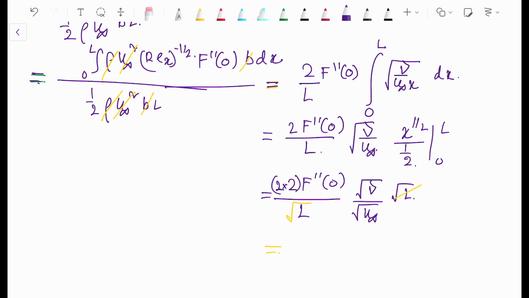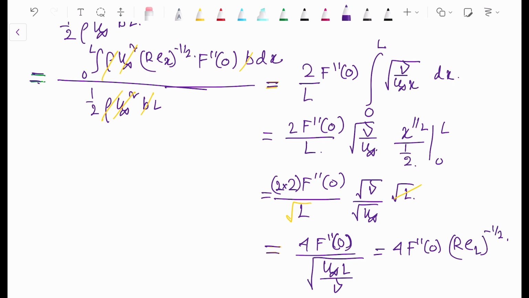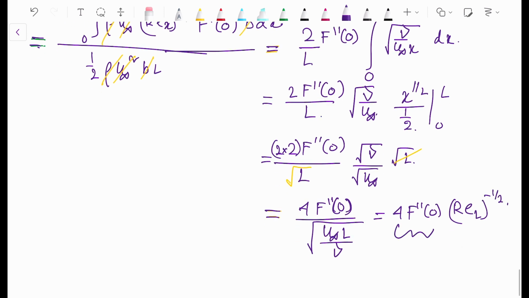Finally 4 f double dash 0 by root of u infinity l by nu. So that will be 4 f double dash 0 Re_L to the power minus half. So this will be 4 into 0.332, that will be 1.328, yes, 1.328.